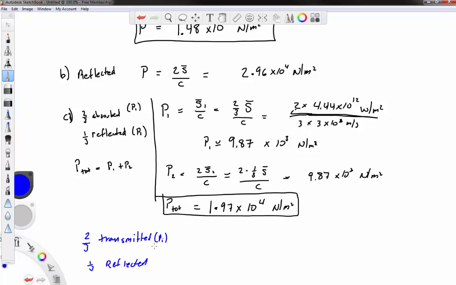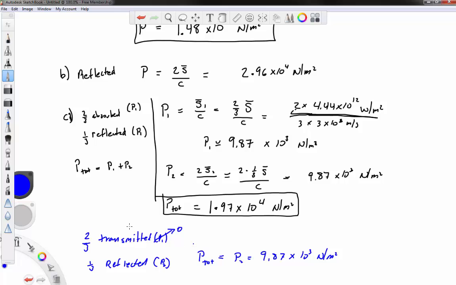Well, if that happens, then this pressure P2 actually is 0, because the photons pass through the object and therefore they continue to carry whatever momentum they started with. And so the total would just be due to P2, which we found up here was 9.87 times 10 to the 3 newtons per meter squared.